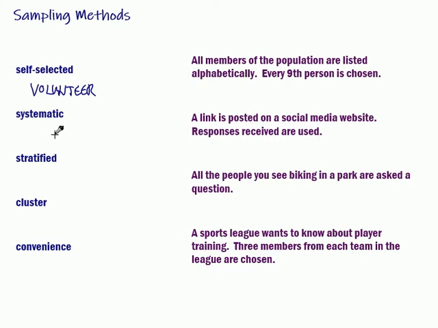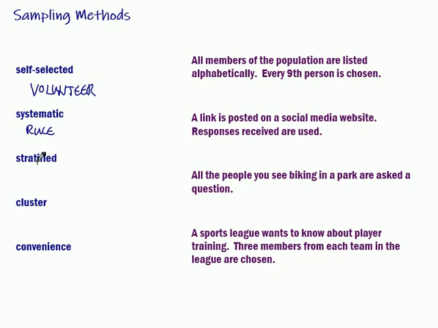A systematic sample is using a rule to select. So if we were to have like every 10th person that came into a store or something like that, using a rule to select the sample from that population.